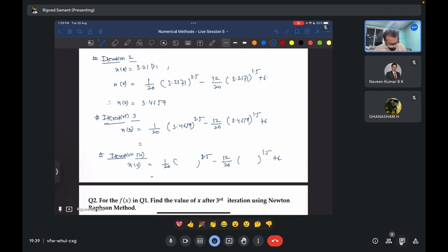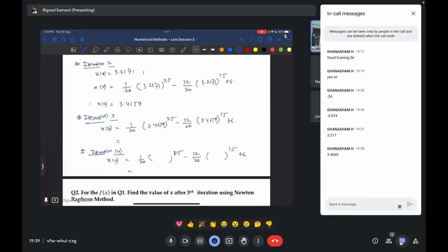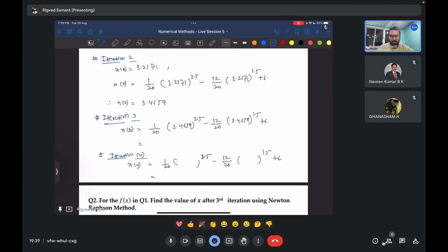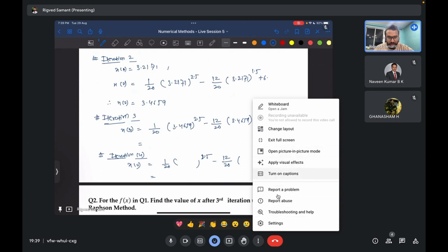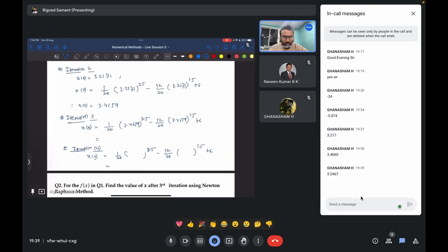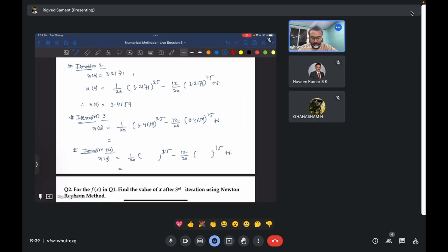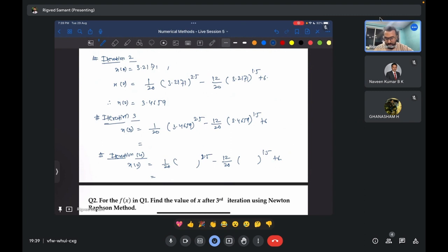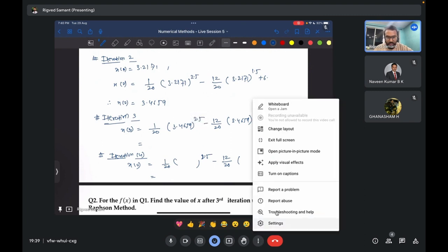So what is x of 3? I have made an Excel sheet like in the previous class, so we'll better see it there. 3.2467. Yeah, so that is your third iteration. Fourth iteration would be one more.